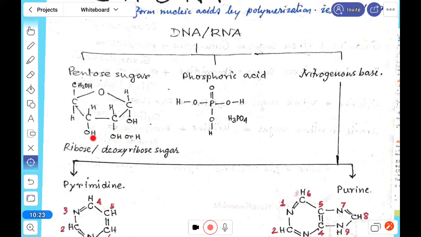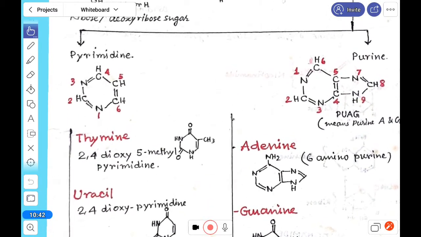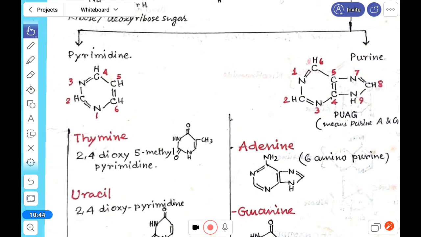Otherwise, both are the same. Second, phosphoric acid, H3PO4, and third, the nitrogen bases. There are 4 nitrogen bases, basically divided into 2, pyrimidine and purine. Pyrimidine is a single ring and purine is a double ring.